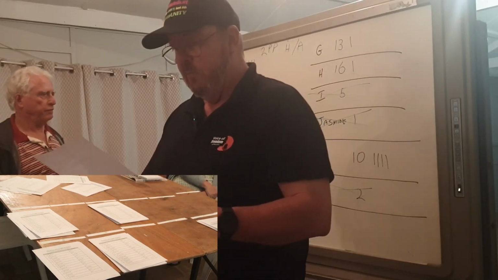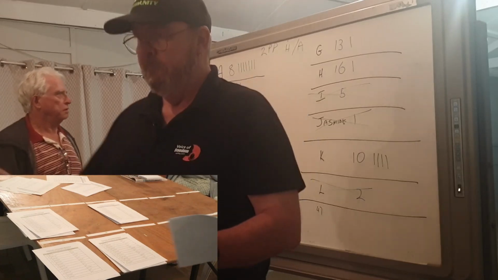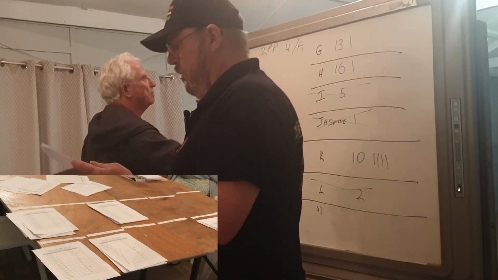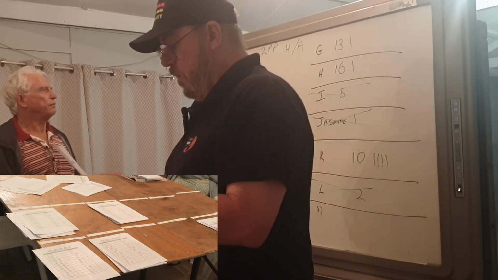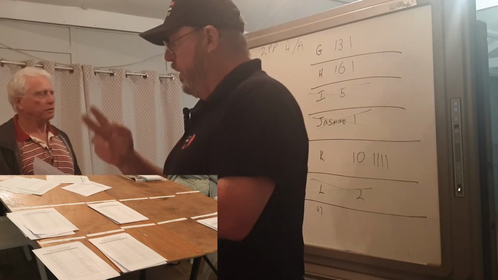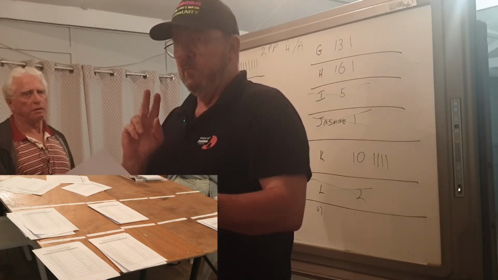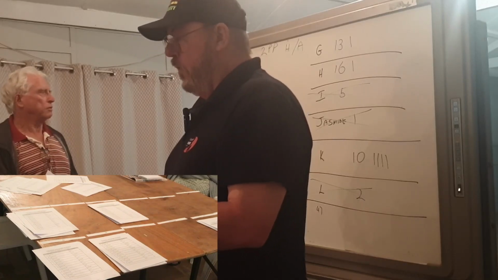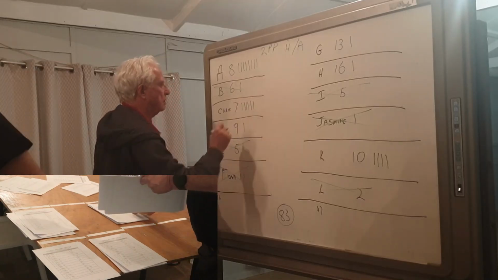So let's go to number 6, party A. So that one lands on party A. Next one. Number 1, this is a party D. So this vote's been sitting here from the very start because it's a number 1. Their number 2 is Chris. So Chris is still in the game, so Chris gets that vote.